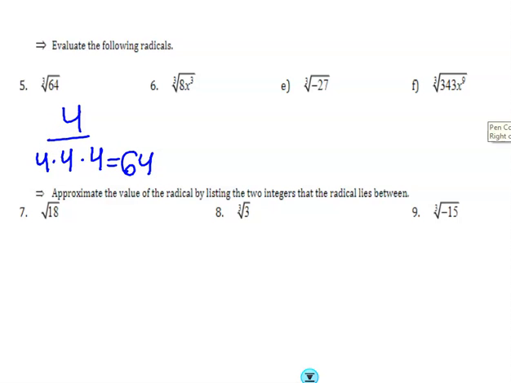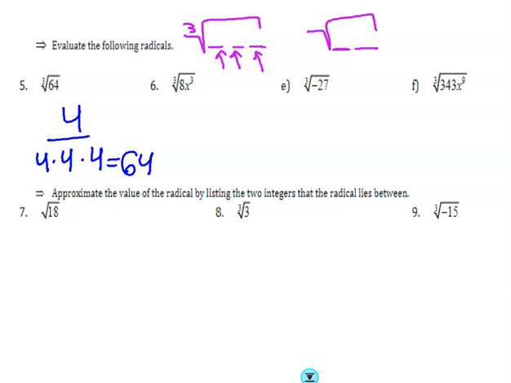Okay, the next one, if I don't know what the cube root of a number is, then I can, again, find groups of 3. So if I have a cube root, we're trying to find groups of 3. And if I have a square root, which has no number in front, I'm trying to find groups of 2. All right, so let's break apart 8.